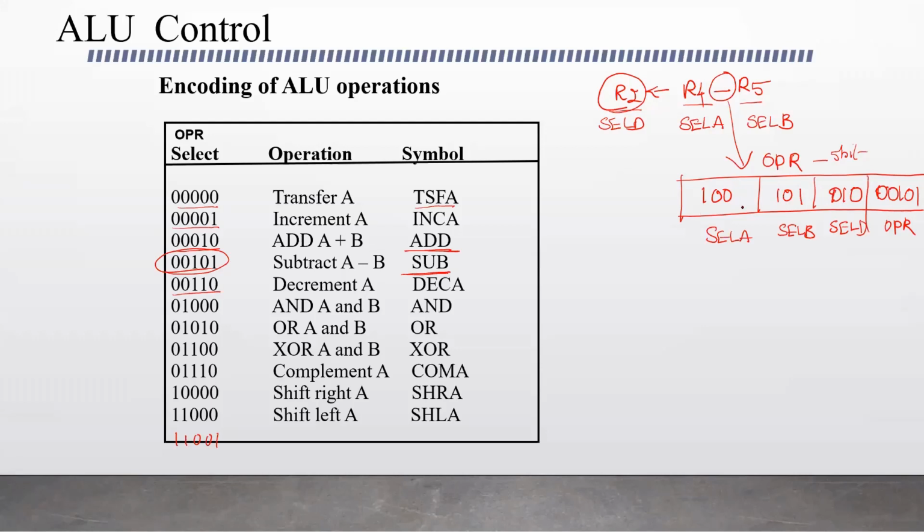Selection A is 100 for performing this particular operation, R4 minus R5, and store it in R2. Destination is R2. The control word that is framed is 100, 101, 010, 00101. Okay, so the control unit controls the operations of the computer, the selection of registers here, and the selection of operation. That is done by these control inputs.